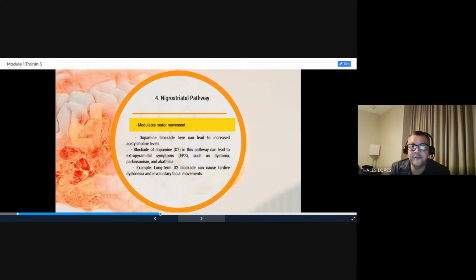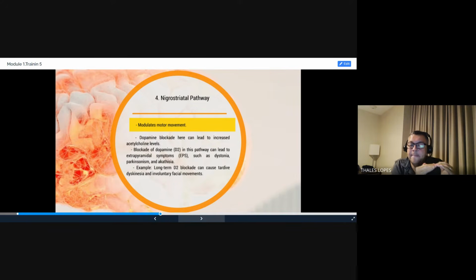So here you have a fight between acetylcholine and dopamine, and they counteract each other. When you have less dopamine available, you have more acetylcholine, and you have a problem.